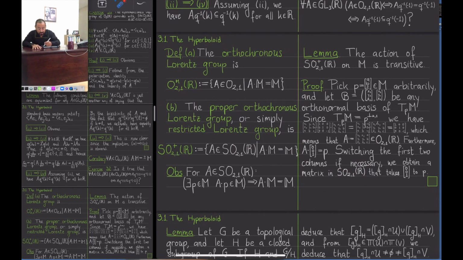So in the proper Lorentz group, that takes this one to P, but then, as we said, taking this one to P suffices for preserving M. So A lives here and preserves M. So let me write it.